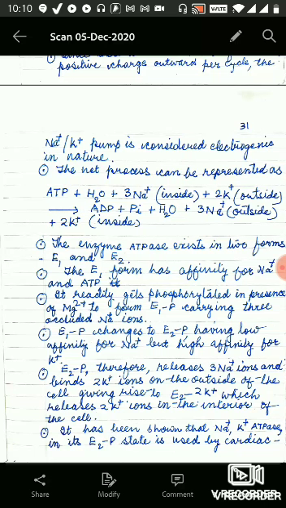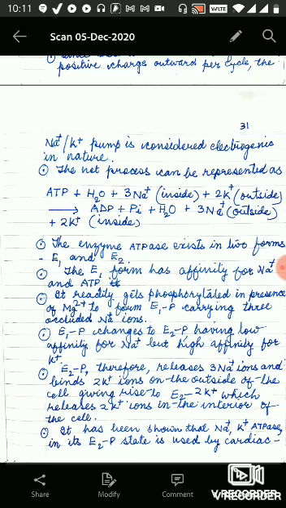The enzyme ATPase exists in 2 forms, E1 and E2. The E1 form has affinity for sodium and ATP. It readily gets phosphorylated in the presence of magnesium 2 plus to form E1P carrying 3 occluded sodium ions. E1P changes to E2P, having low affinity for sodium but high affinity for potassium.